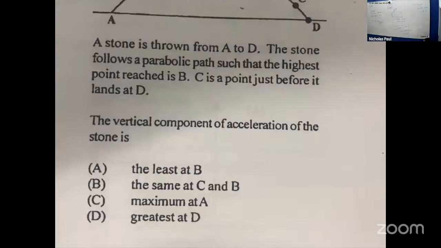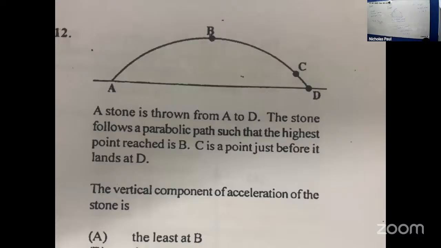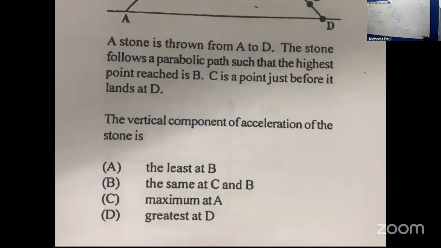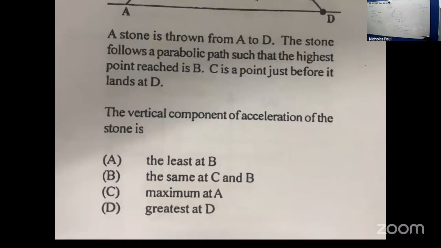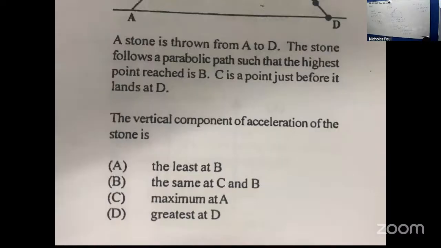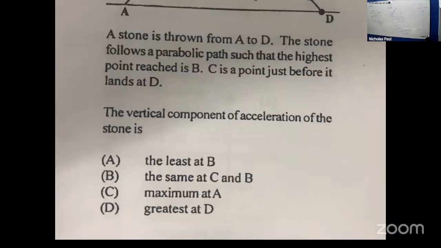What's the answer they're going with? B. Right, so the vertical component is the same at C and B. Nothing at A, nothing at D. It will be the same thing at B and C.